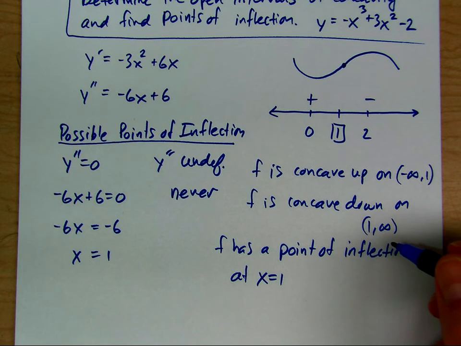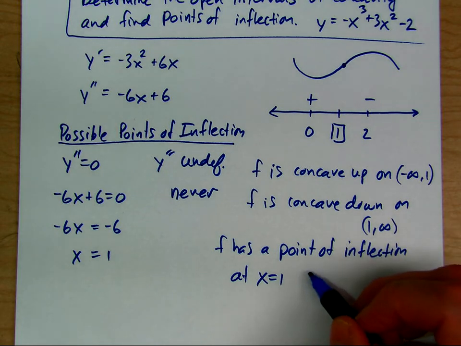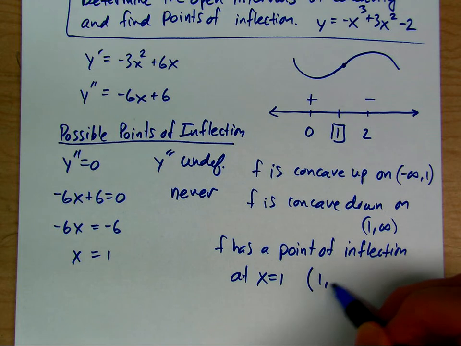And it did say find the point of inflection, so we'll say the point is 1, 0.